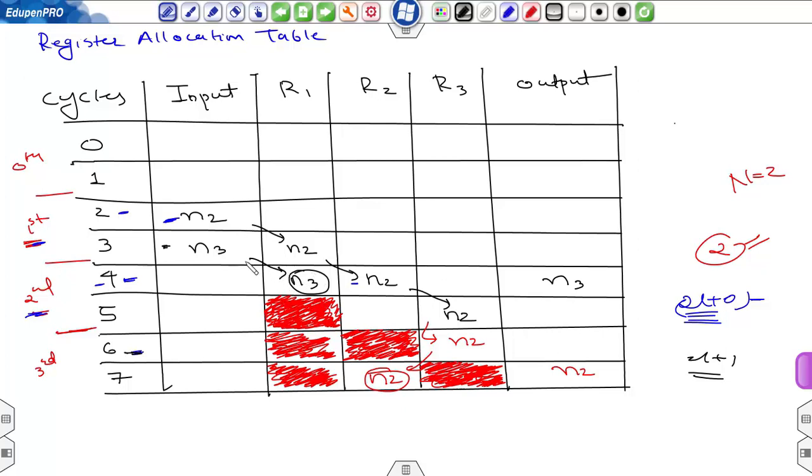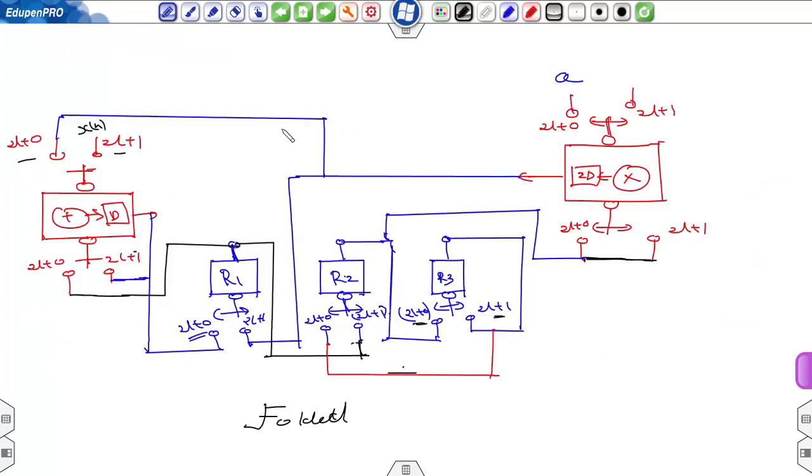Okay, so the output of R1 should be connected to one of the inputs of adder. So the output of R1 is connected to one of the inputs of adder at instance 12 plus 0, and the output of multiplier is connected directly to the second input at the same instance.